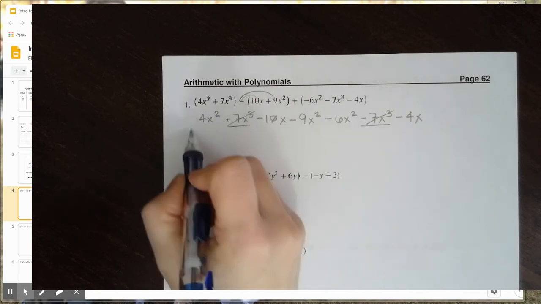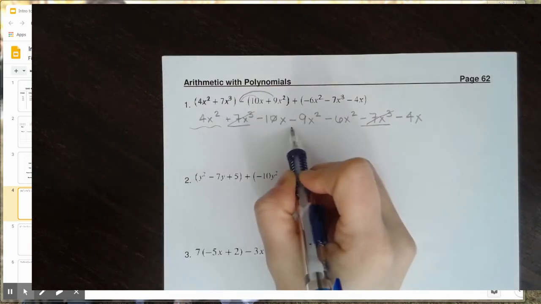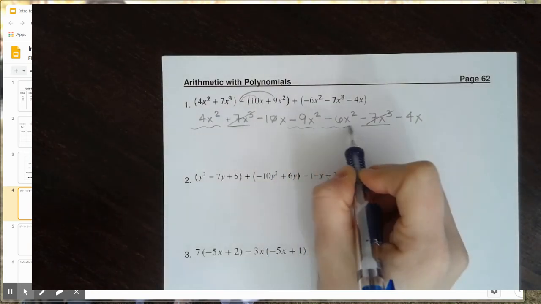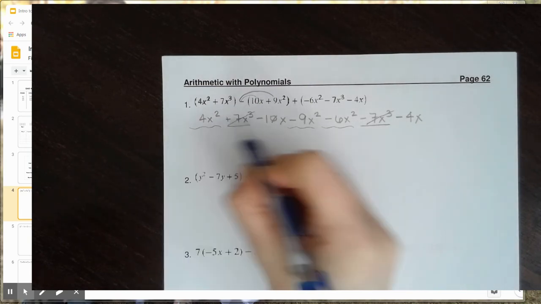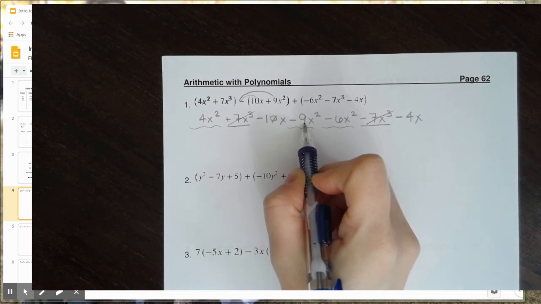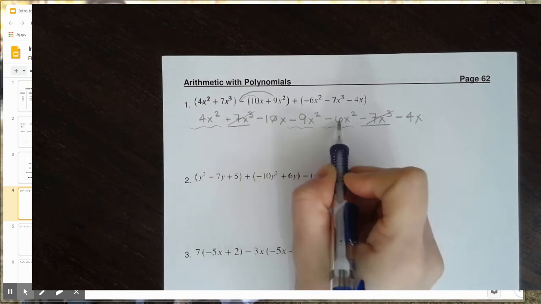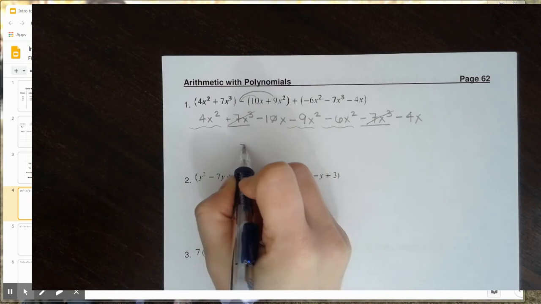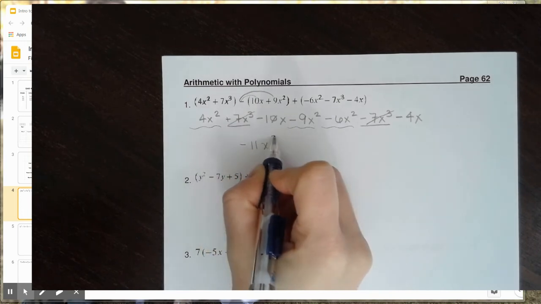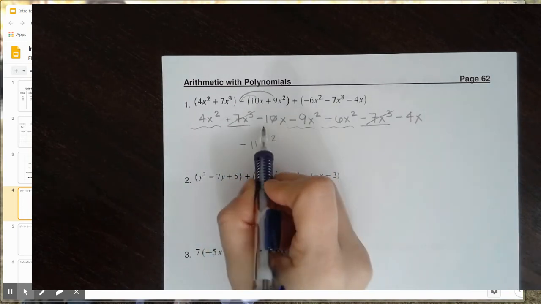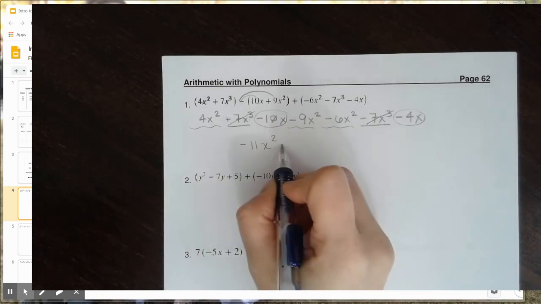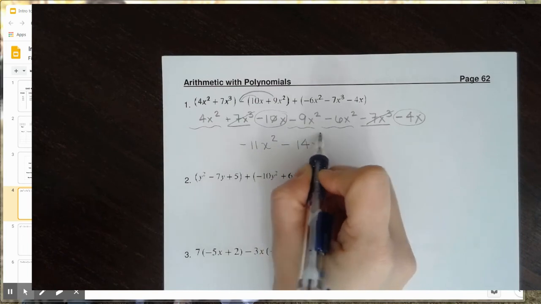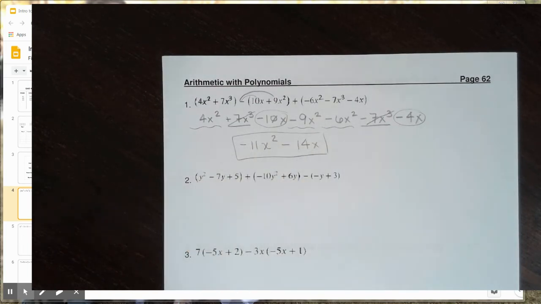Then I need to look at 4x squared minus 9x squared minus 6x squared. So 4 minus 9 would give me negative 5, minus 6 would give me negative 11x squared. And then I have negative 10x minus 4x, so I'll have negative 14x. And that would be my simplified expression for number 1.